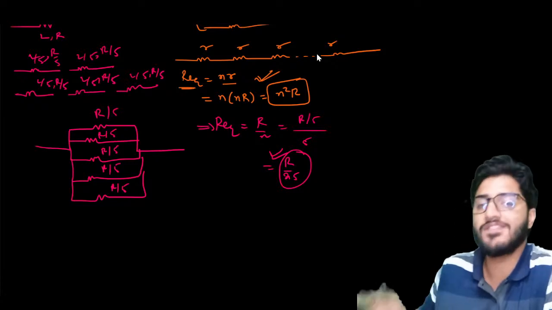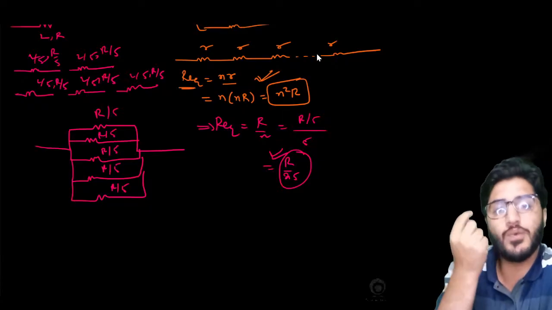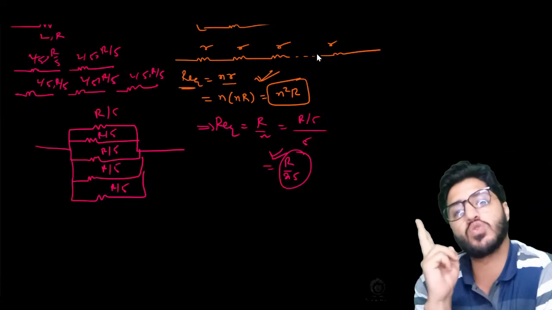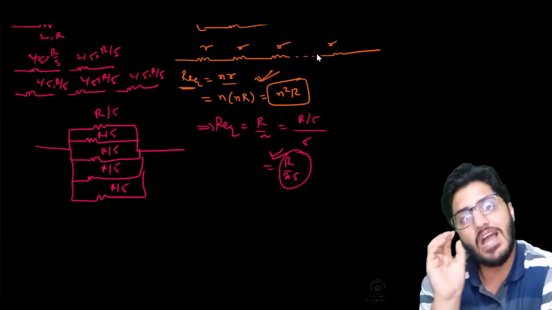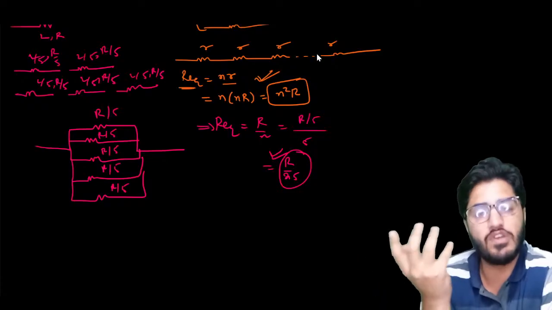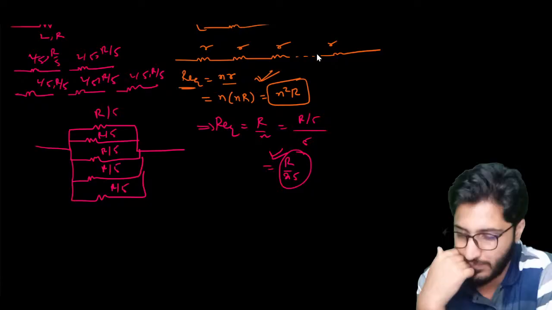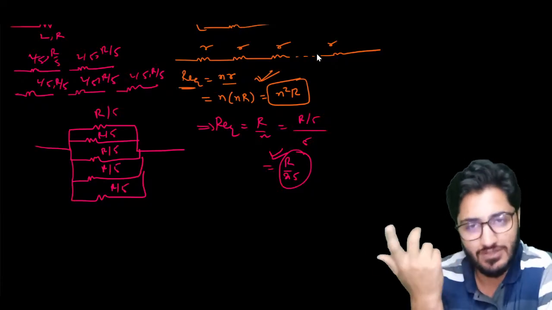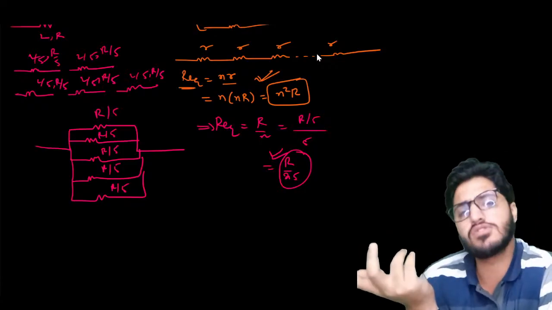Now, in physics, if we want to calculate one single quantity, from the previous two classes we only calculated resistance. If we have a different numerical, we need to apply a different formula. When I was studying, I was also very weak.